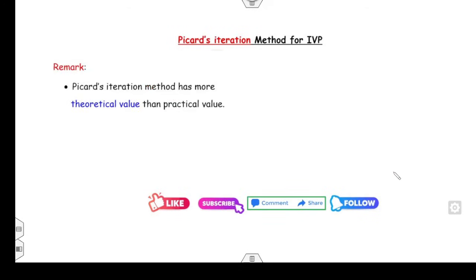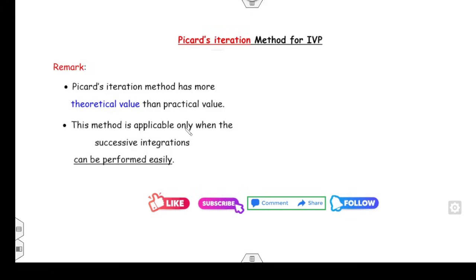Now the few remarks that I have put up for you in case of competition exams or in terms of analysis. Picard's method is of more theoretical value than practical value, but make sure, since Picard's method is totally based on integrations, the method is applicable only when you can easily obtain the integrations.